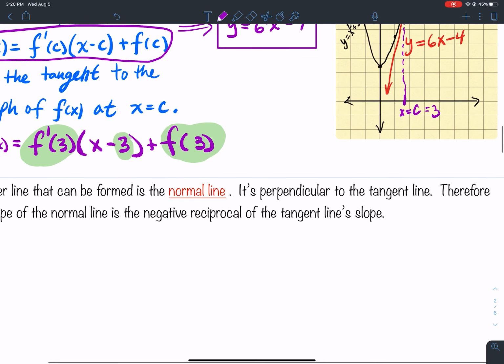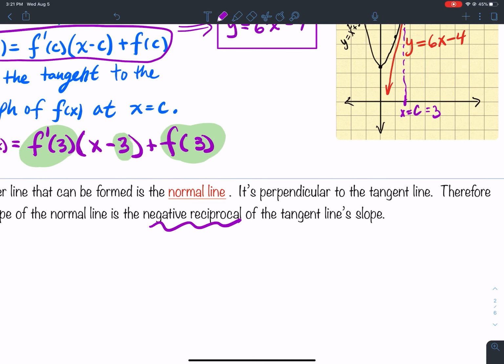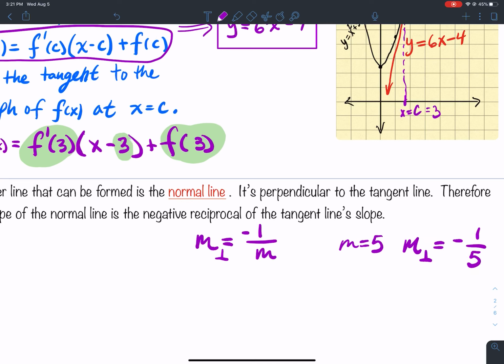Now, how do we do a negative reciprocal? Well, if you'll remember, the perpendicular slope is 1 over m, that's the reciprocal, but it's also negative, right? So if I have a slope equal to 5, then the perpendicular slope is equal to negative 1 over 5.